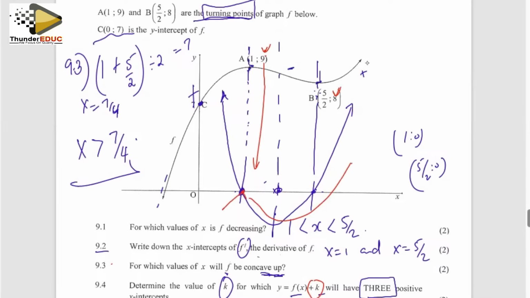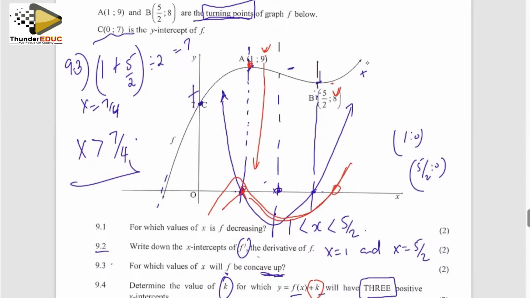Okay, so if it is 2 points, remember we want 3 points. If we move it further, we're only going to have 1 point. But now if our value is between 0 and 9, so this will be slightly above, and then we shall also have that.